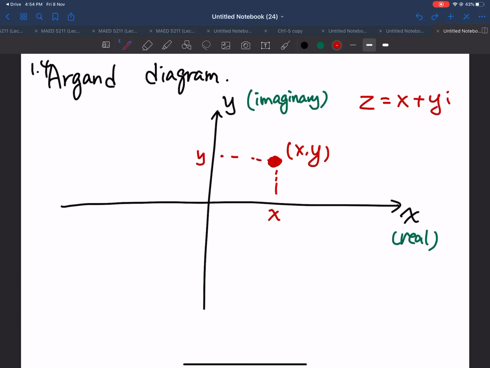So let's just say here's 1, negative 2, and this represents the complex number 1 minus 2i.